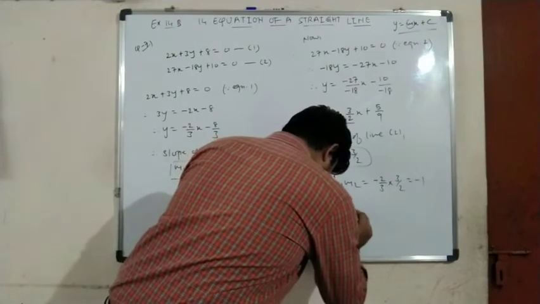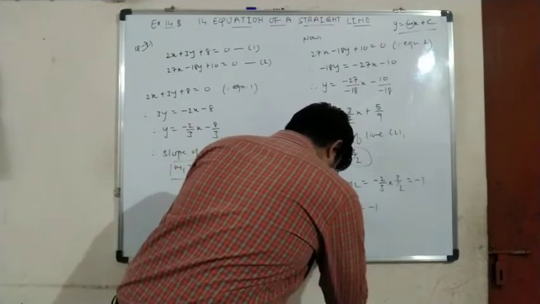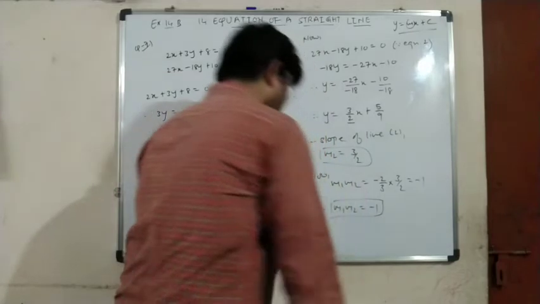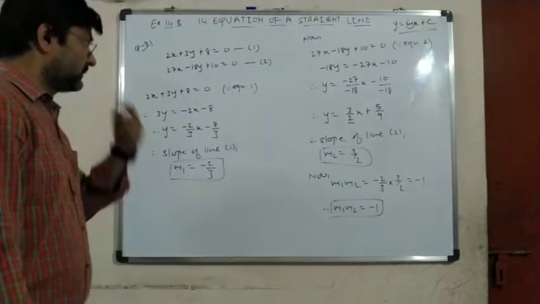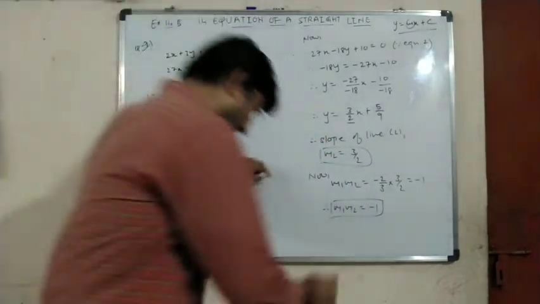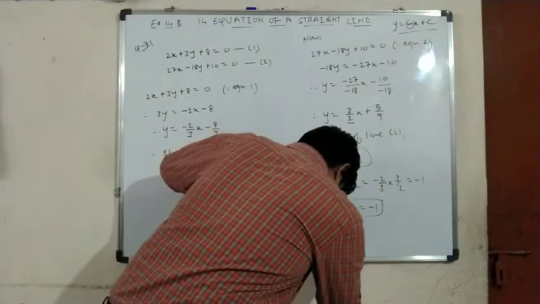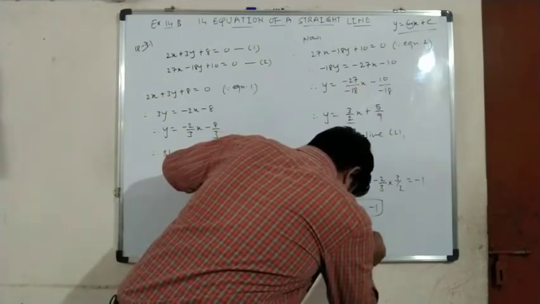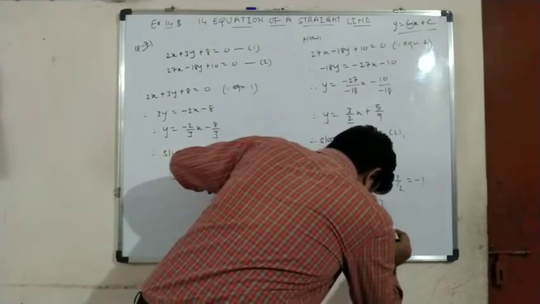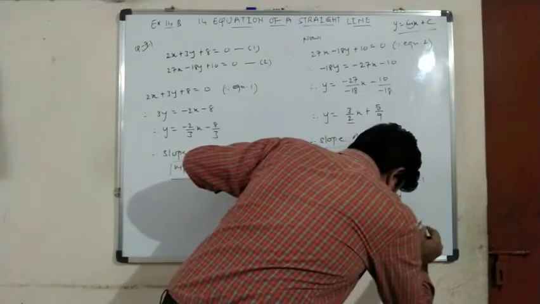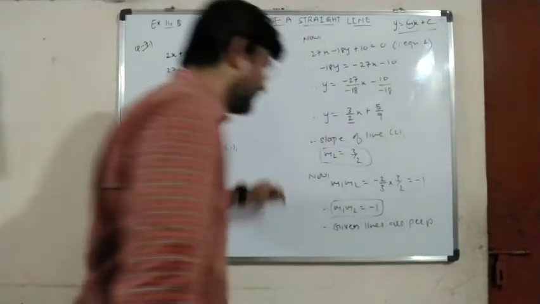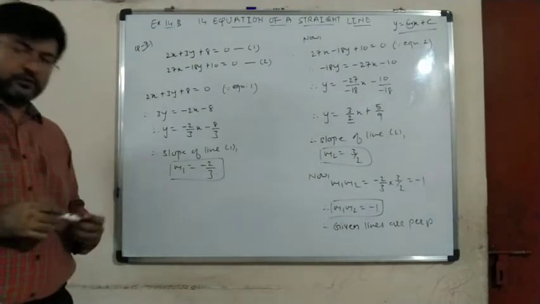So we got m1 into m2 is equal to minus 1, and therefore the given lines are perpendicular. Therefore we will write down that the given lines are perpendicular. Clear? So this question is also done.